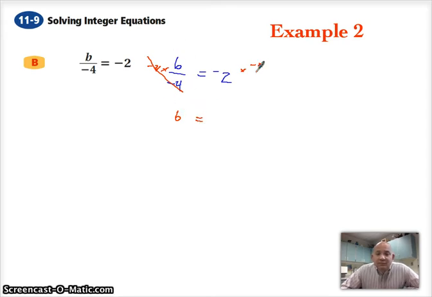Negative 2 times a negative 4. Here I have a negative times a negative. When I have a negative times a negative or a positive times a positive, I know I'm going to have a positive answer, a positive product. So I just now simply multiply 2 times 4, which is 8, and keep it positive. B equals 8.